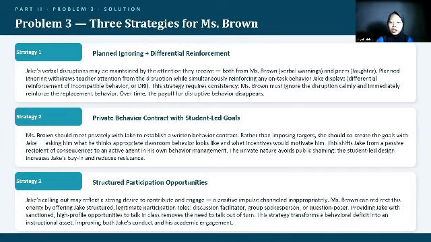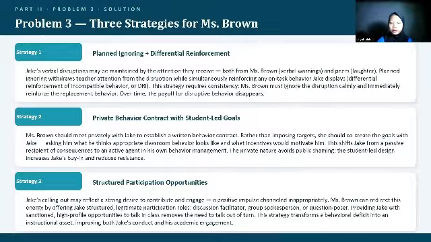Miss Brown can redirect this energy by offering structured, legitimate participation roles, such as discussion facilitator, group spokesperson, or question poser, providing Jack with sanctioned, high-profile opportunities to talk in class and removing the need to talk out of turn.